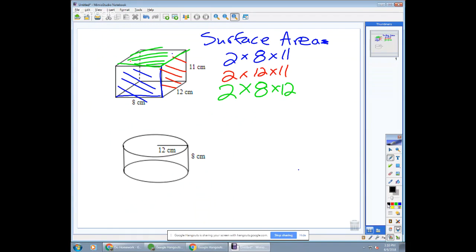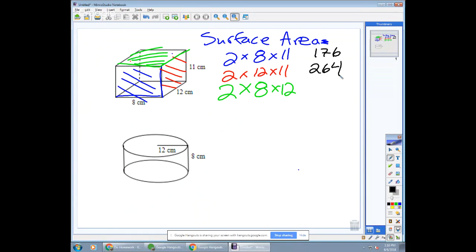Let's see, 8 times 2 is 16, times 11 is something like 176, I hope. 12 times 2 is 24, times 11 is 264. 2 times 8, 16 times 12.